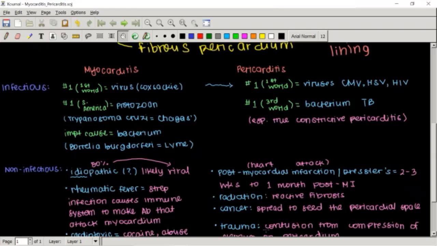And also specifically for constrictive pericarditis, when it is so inflamed that the heart can't even expand or pump. Also, we have the non-infectious causes.